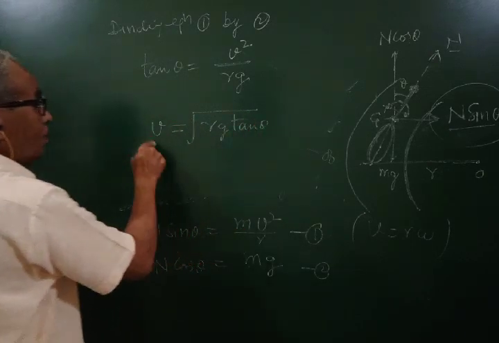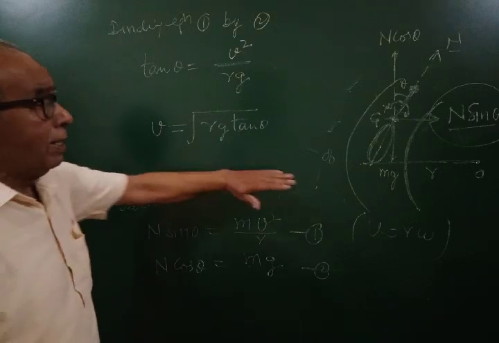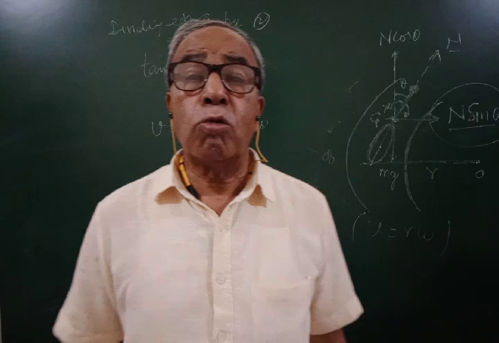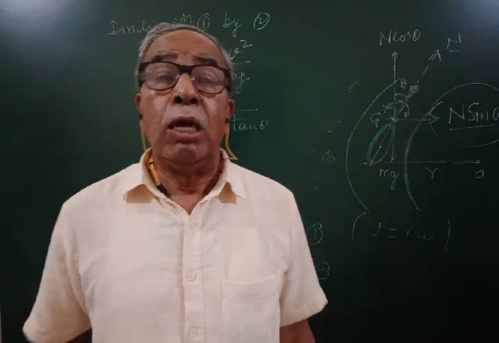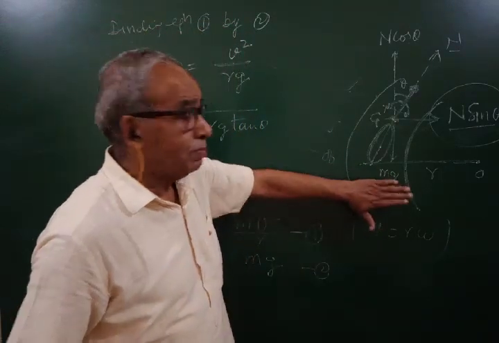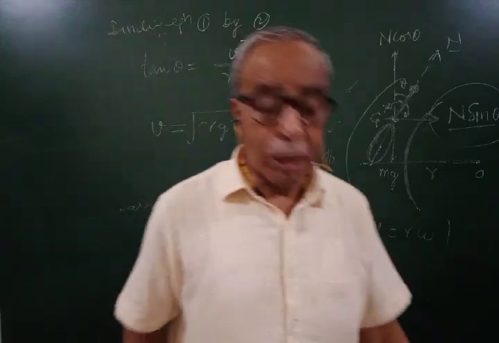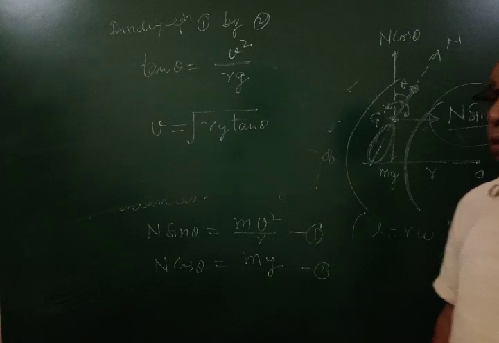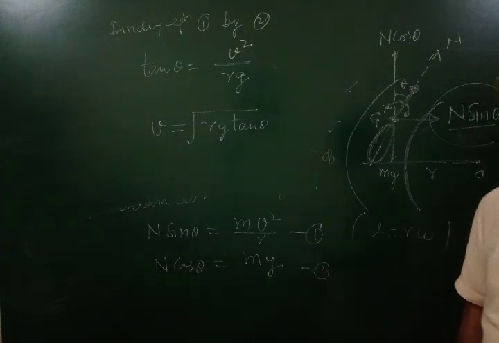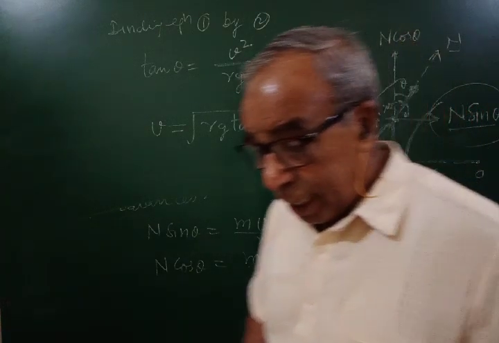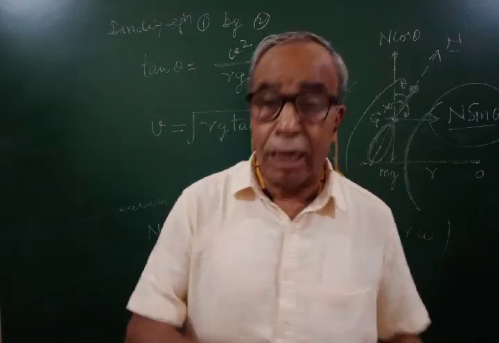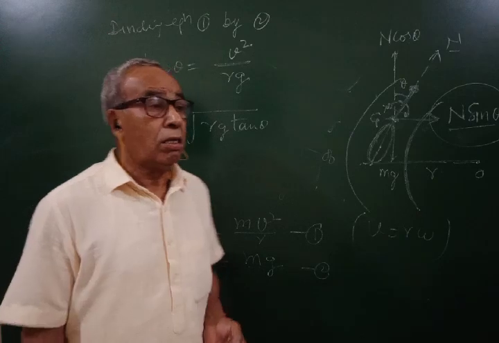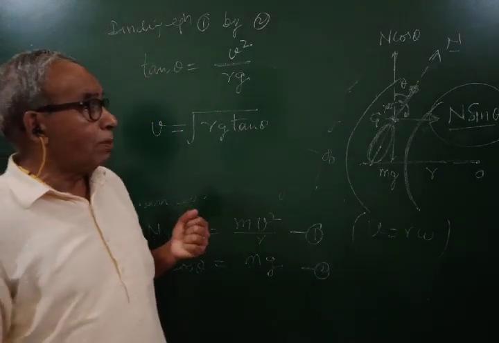This is the safest, maximum speed at which a person can take a turn on a circular path by leaning only, not using force of friction. यहाँ पर force of friction यूज नहीं हुआ to obtain central force. So cyclists lean towards the center, away from vertical, to obtain necessary centripetal force.